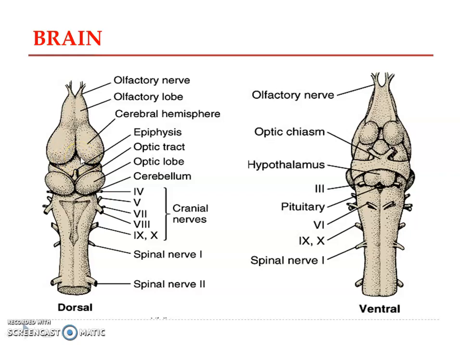Dorsally the diencephalon is not so clearly visible because of the overdevelopment of the cerebral hemispheres, which hang over the diencephalon. The diencephalon is a very short unpaired structure of the forebrain, situated behind, that is posterior to, the cerebral hemispheres.